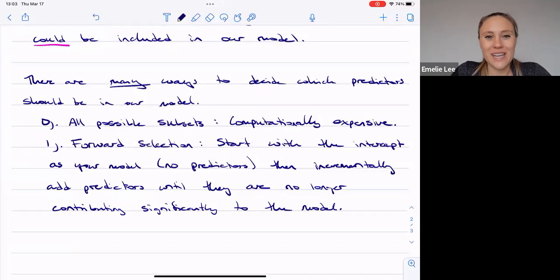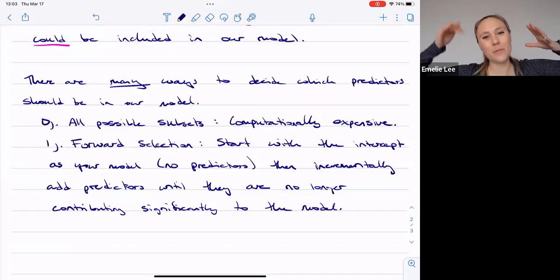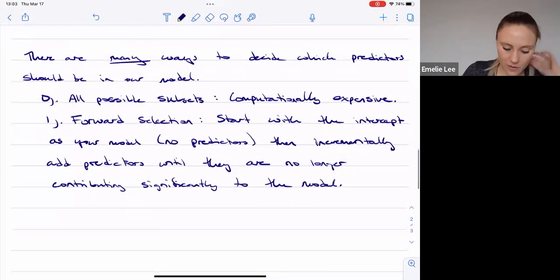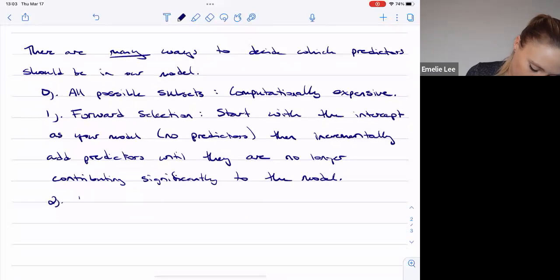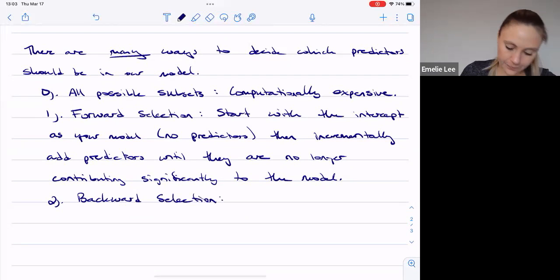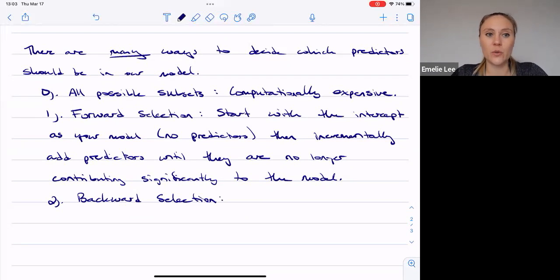The other way to do it is the opposite way. What if you throw all your predictors in there, and then slowly pick away the predictors that aren't contributing? That's going to be called backward selection. So you start with a model with all the predictors in there, and then incrementally remove the least significant predictors from the model.